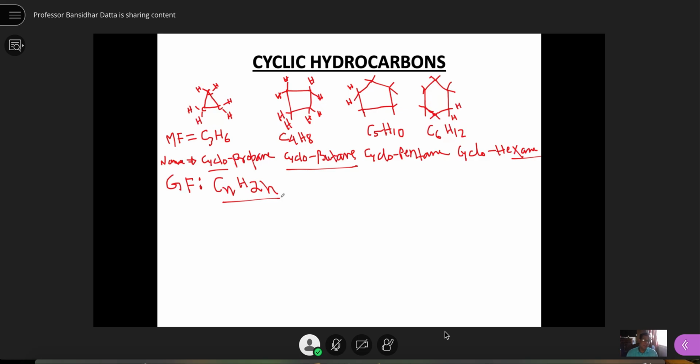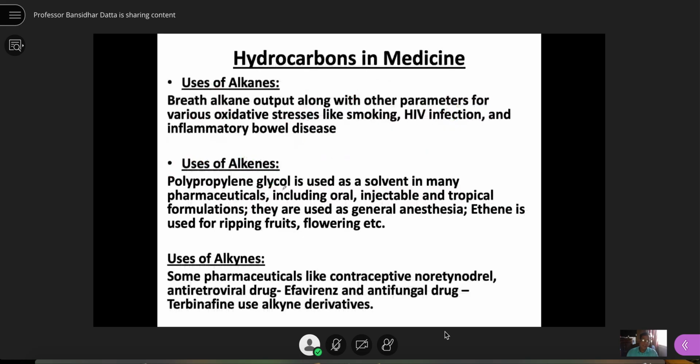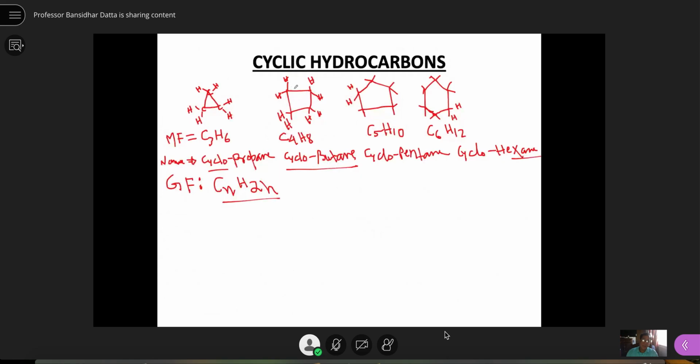But remember, for the linear alkanes the general formula is CnH2n+2, but this is cyclic. So for cyclic hydrocarbons or cycloalkanes, it is CnH2n.